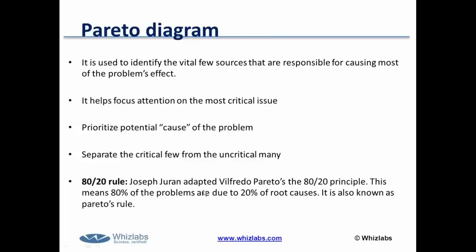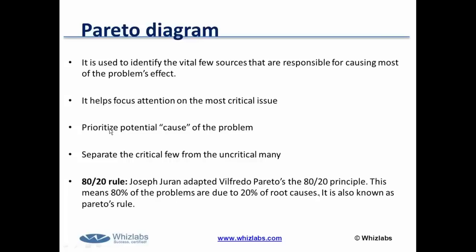So this means 80% of the problems are due to 20% of the root causes. The Pareto diagram tells you which 20% of the causes, if you focus your project management time on them, will solve 80% of your project problems.